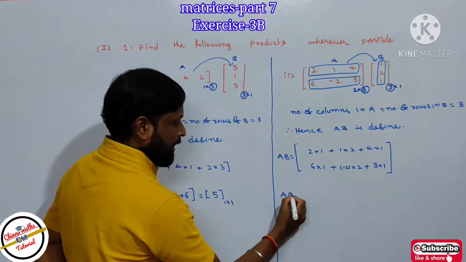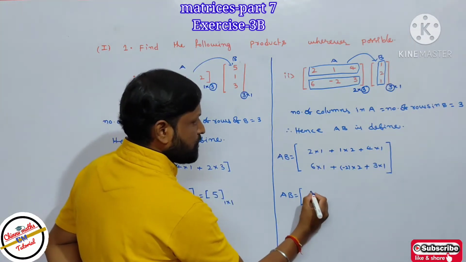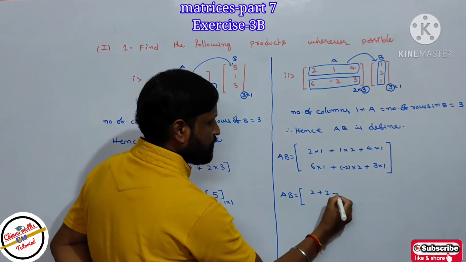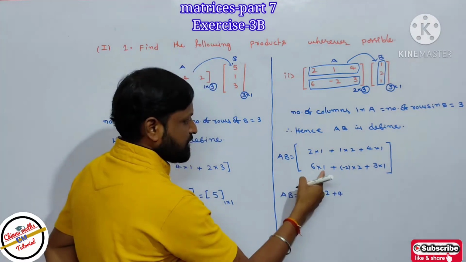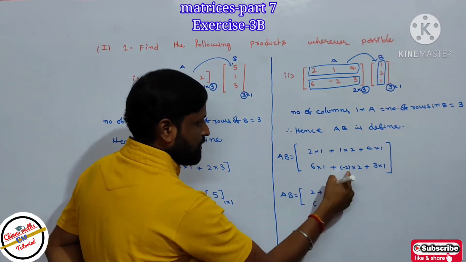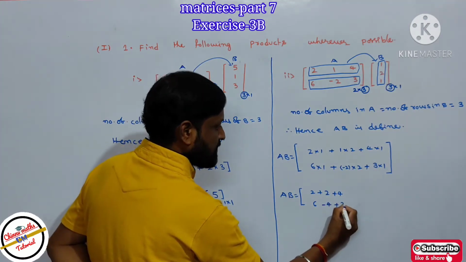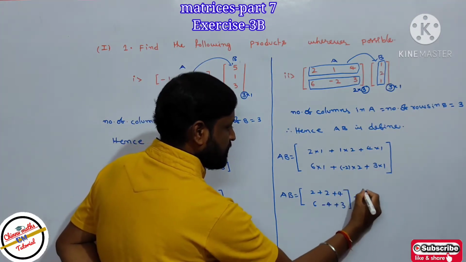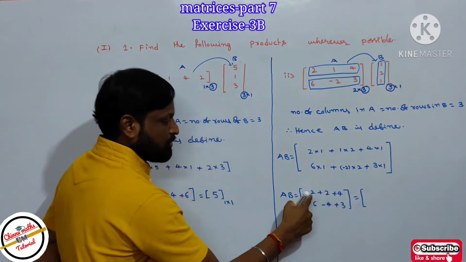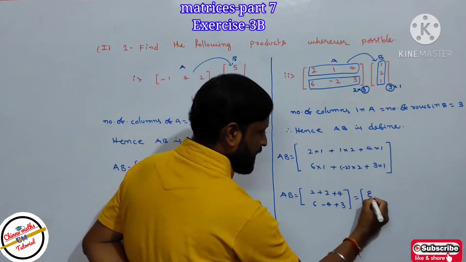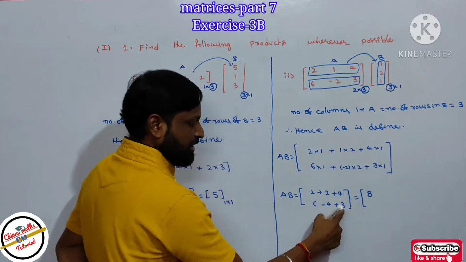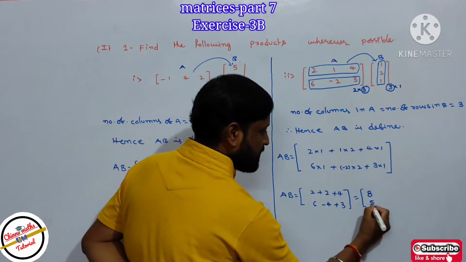So AB equals 2 plus 2 plus 4, then 6 into 1 is 6, minus 2 into 2, minus 4, plus 3. It is equal to 2 plus 2, 4, plus 4 equals 8, then 6 plus 3, 9, minus 4 equals 5.